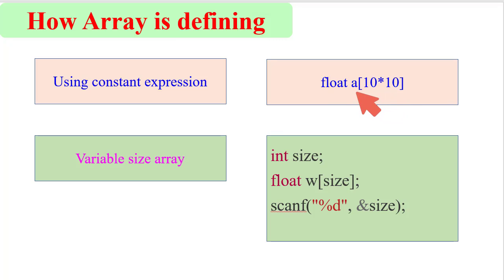Here the name of the array is a, and the number of elements is 100. So that 100 might be expressed this way. And the data type is float. An array might also be defined with a variable. See this example, float w[n]. Inside this square bracket, this is the variable and the value of this variable will be assigned by the user.